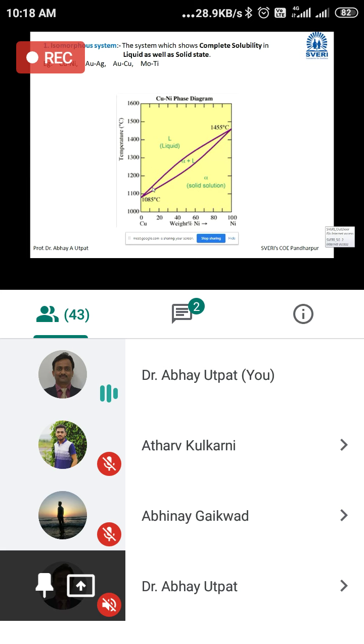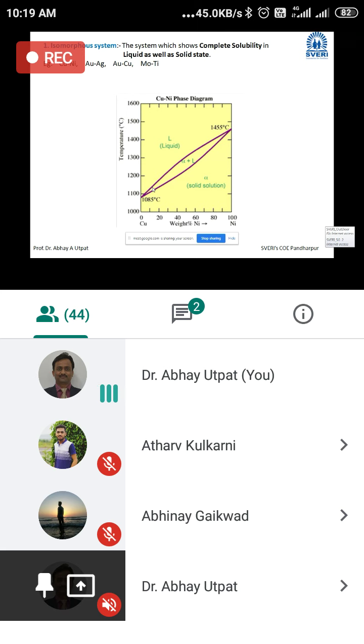If you have given 10 grams of gold to the goldsmith and asked him to make ornaments, he mixes copper in it, it gets completely dissolved, and you can't identify it. So that is the beauty of this isomorphous system. Both elements are soluble in each other in liquid as well as solid.